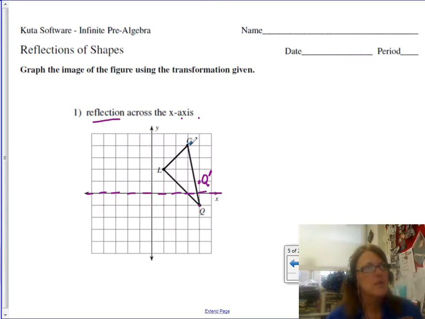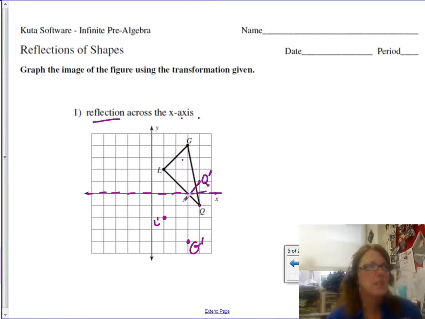G is up here, and when it gets folded down, it's going to show up down here, precisely 1, 2, 3, 4 units away from the line. Again, it's on this same line because we're folding it exactly straight over, like a sandwich. That's G prime. And L is right here, and when we fold it, L prime is going to end up right here, 2 units away from this reflection line.